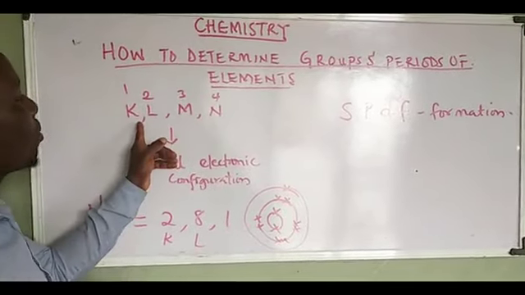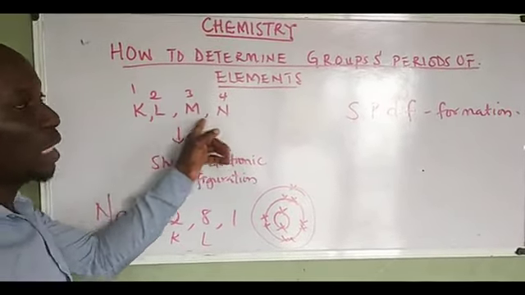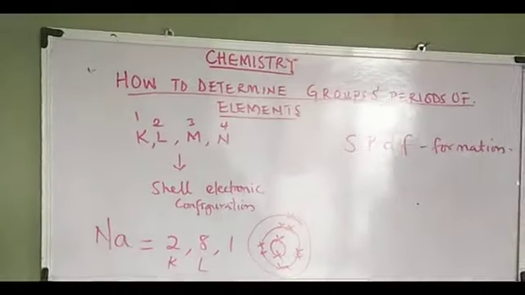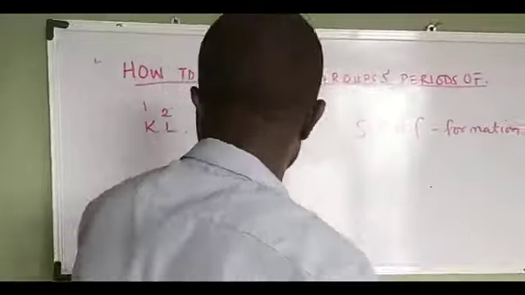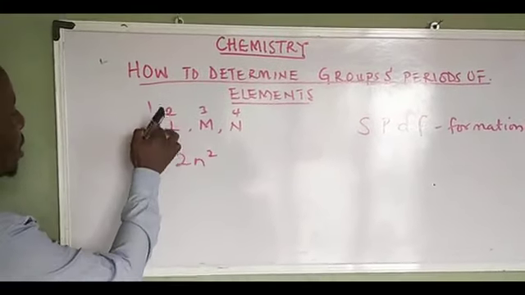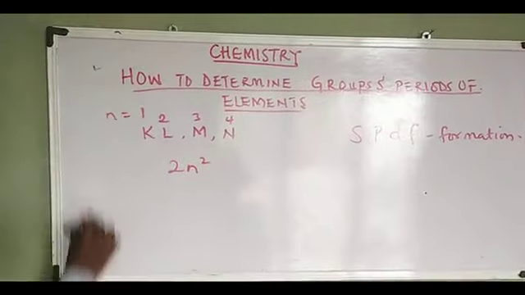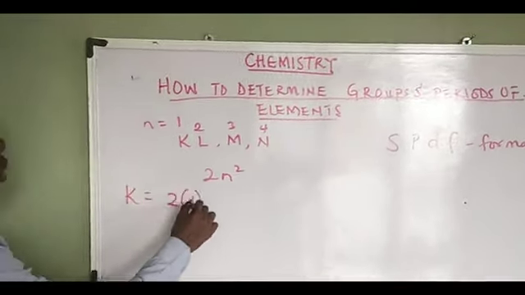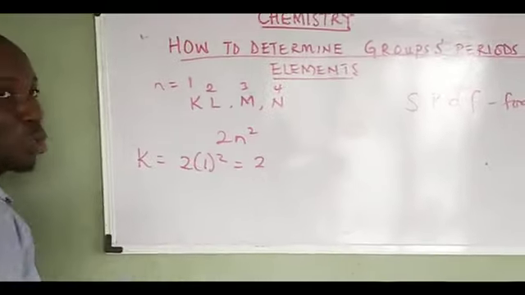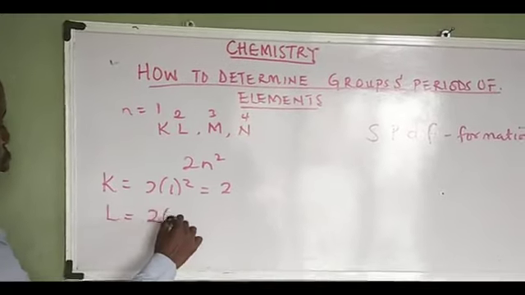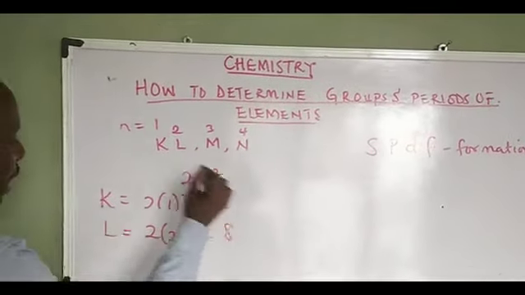If you want to know the maximum number of electrons each of these shells can accommodate, you just make use of this formula, 2n squared, where n is the number ascribed to the shell. So for K, that will be 2 into 1 squared. That gives us 2. For L, that will be 2 into 2 squared. That gives us 8.